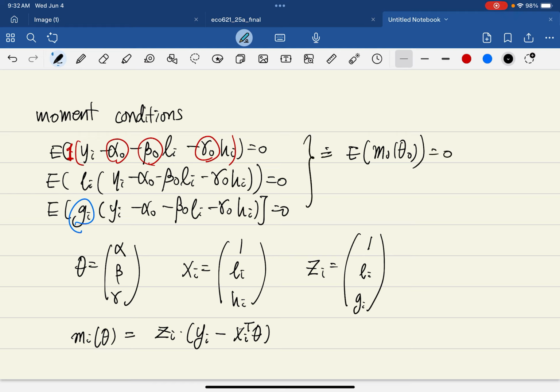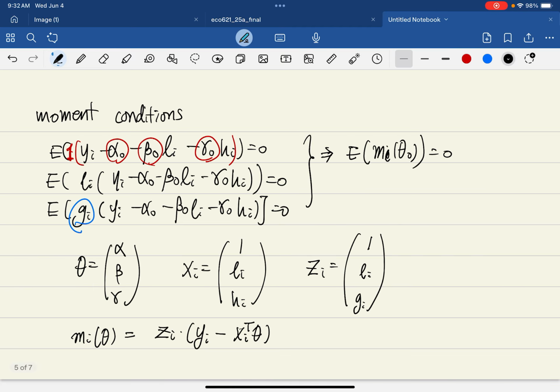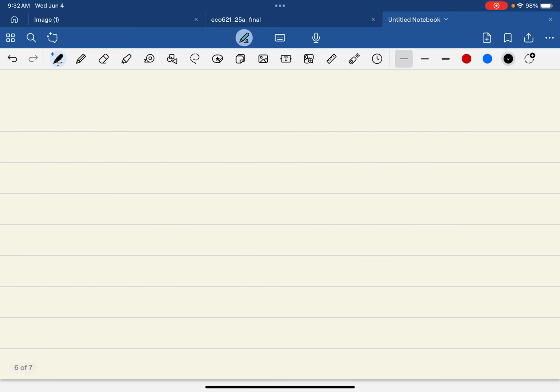So these three conditions can be summarized into this notation. Okay, and then from there, it is a very standard form. If we rewrite, you may rewrite the moment conditions as expectation of ziyi minus expectation of zixi transpose theta 0 equals 0.